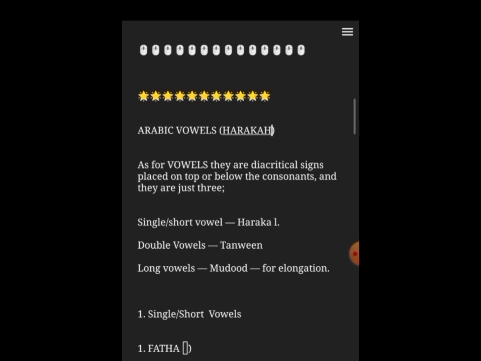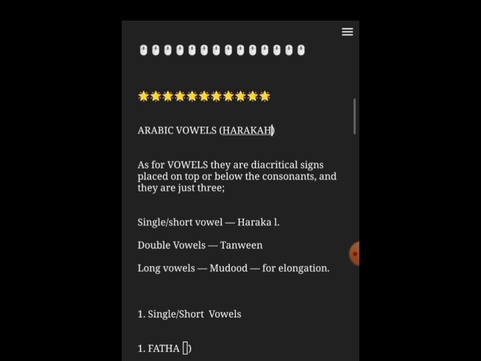You cannot combine two or three consonants to form a word. So you have to go consonant, vowel, consonant, vowel to form a reasonable word in English. In Arabic, the vowels help us give the appropriate sound to the consonant.